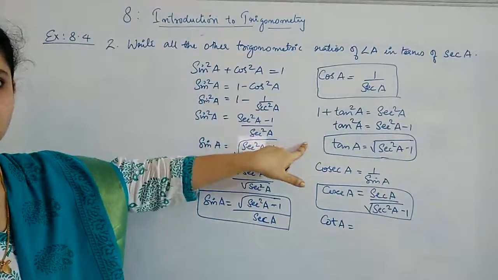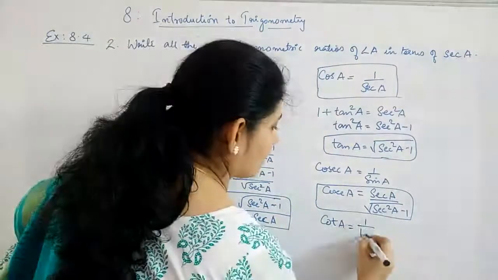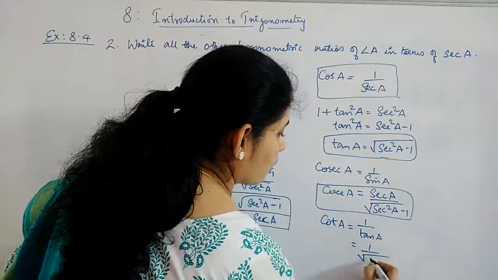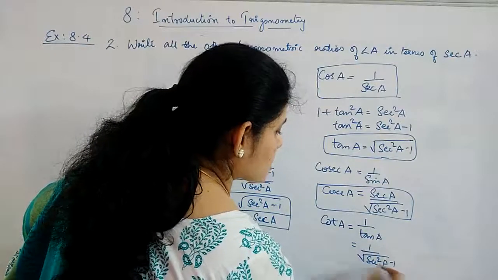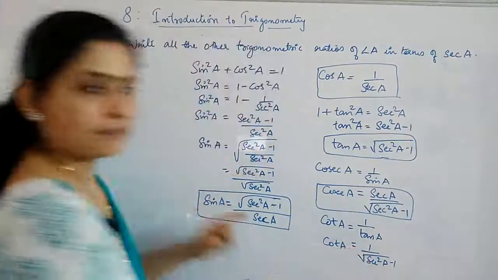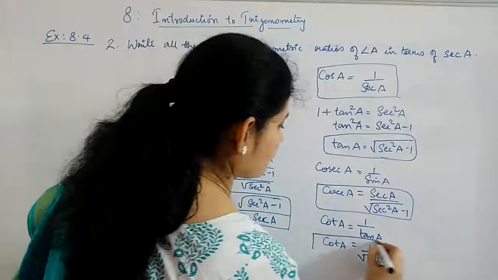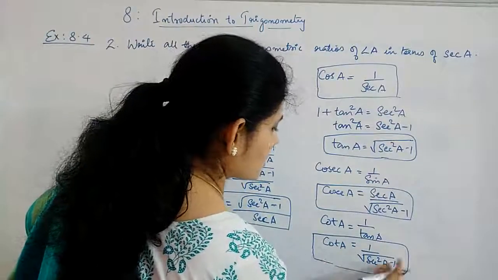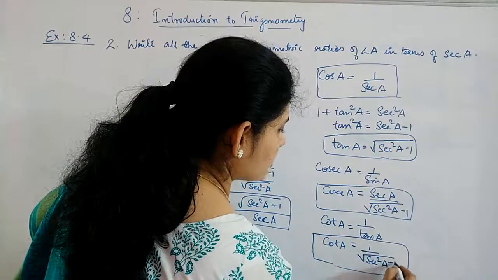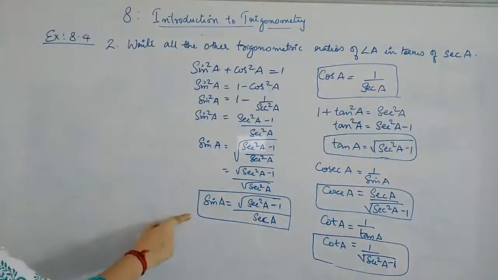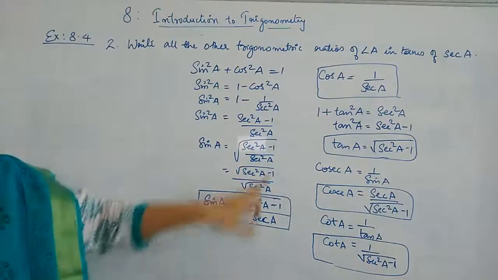You have already found out what is tan. So 1 by tan A will give you 1 by root of sec square A minus 1 as cot A. So what is cot A? 1 by root of sec square A minus 1. Okay. So all the 5 trigonometric ratios you got in terms of sec.